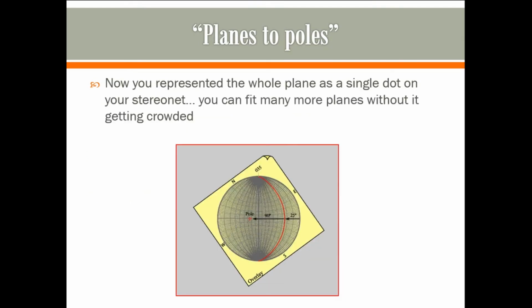So for example, this one here shows a strike of north 35 degrees east and a dip of 25 degrees southeast. We can put a little dot right where that little plus mark is here in the center that's labeled pole. That dot represents the exact same thing.